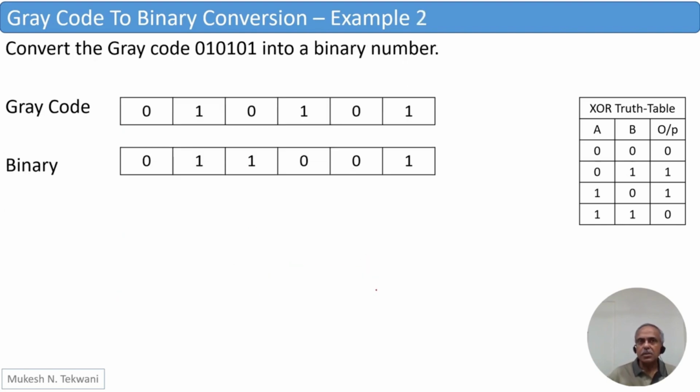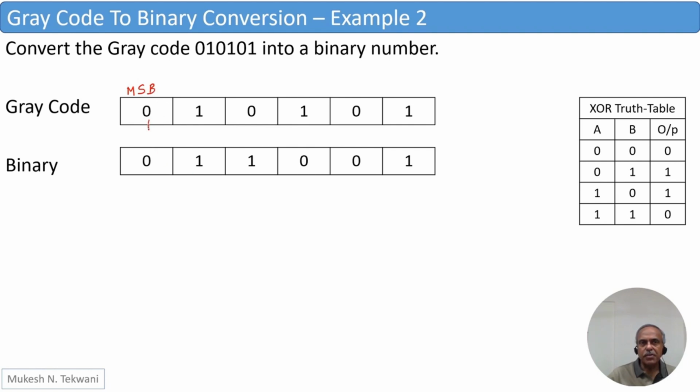Now in this second example, let us take the conversion of 010101 into its equivalent binary value. So here we have again the gray code, the bits that are given to us, 010101. This is our most significant bit. And how do we get this binary value? Let us observe.